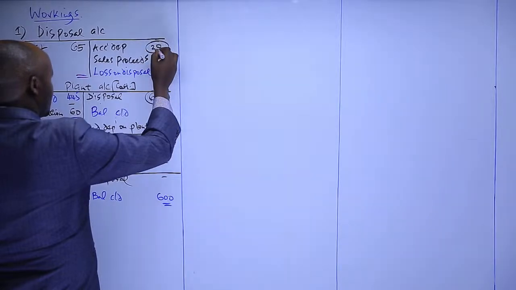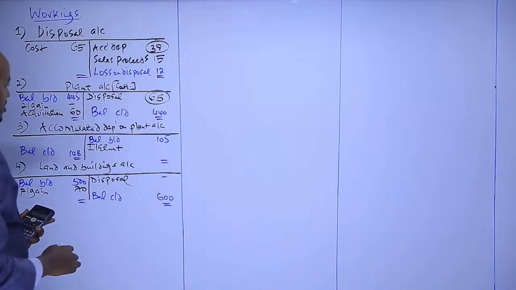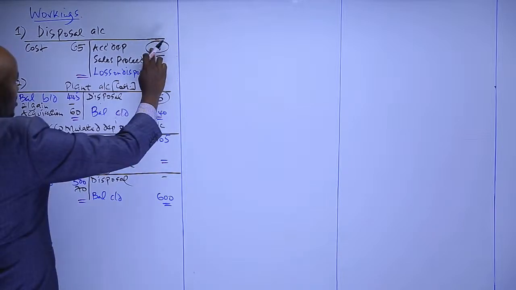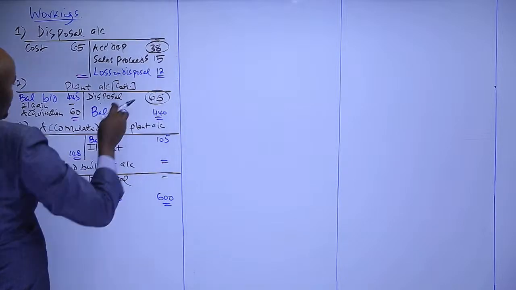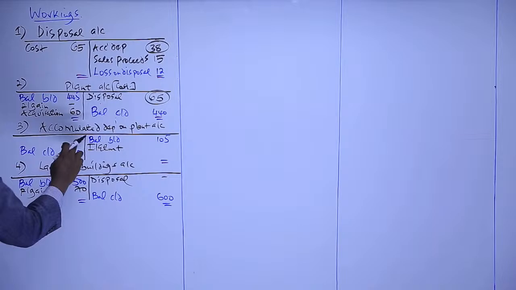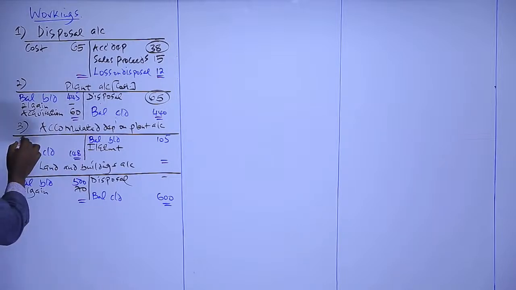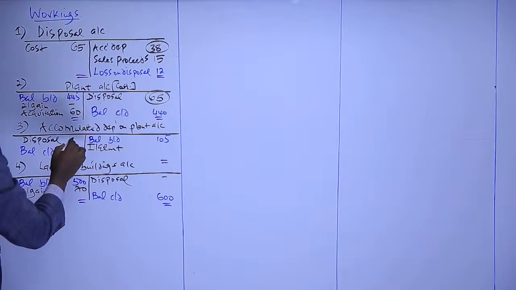So this is the accumulated depreciation of the plant which was disposed. Now this particular accumulated depreciation, the figure of 38, we should bring it to this account because this is part of this opening balance and that plant was disposed. So we have the accumulated depreciation for the item of plant which was disposed. How much is that? It is 38.